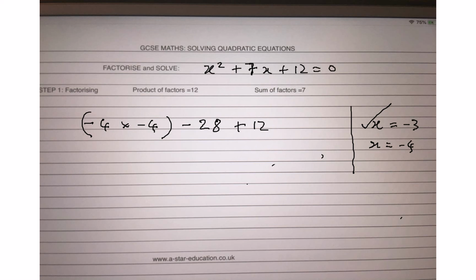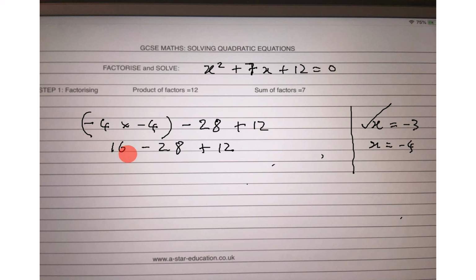Okay, so let's tidy this up. So minus 4 times minus 4, you've got a minus times a minus, so this is plus 16. Okay, and then we've got to subtract 28, and then finally we need to add 12. Okay, so all we need to do now is to tidy this up.